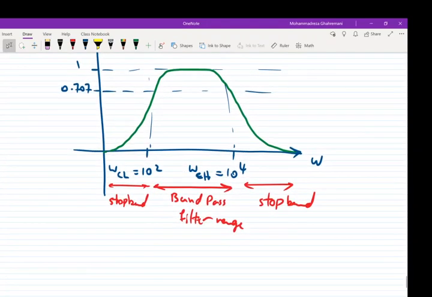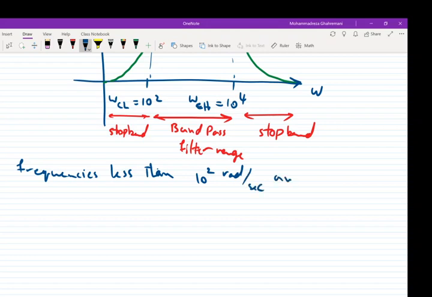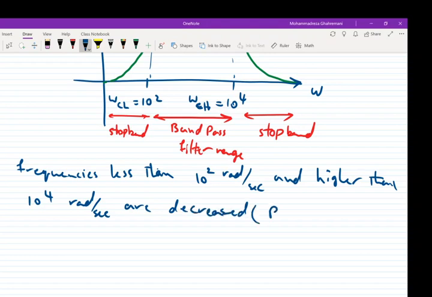So by looking at this graph, we can say that frequencies less than 10 to the power of 2 radian per second and higher than 10 to the power of 4 radian per second are decreased or blocked.